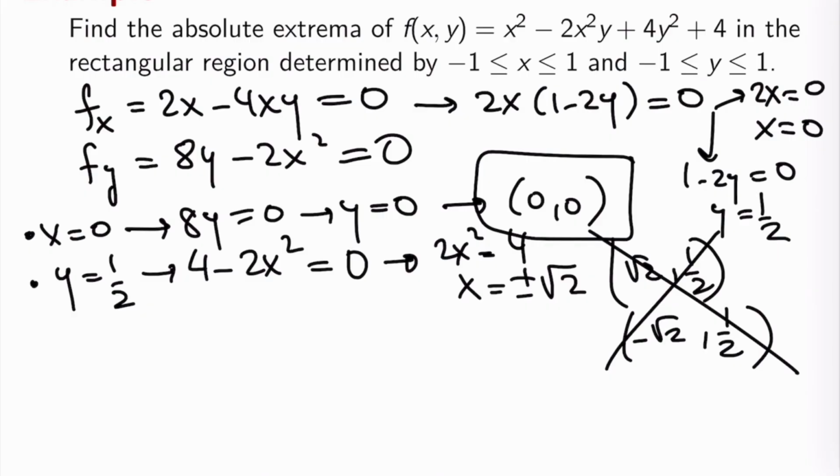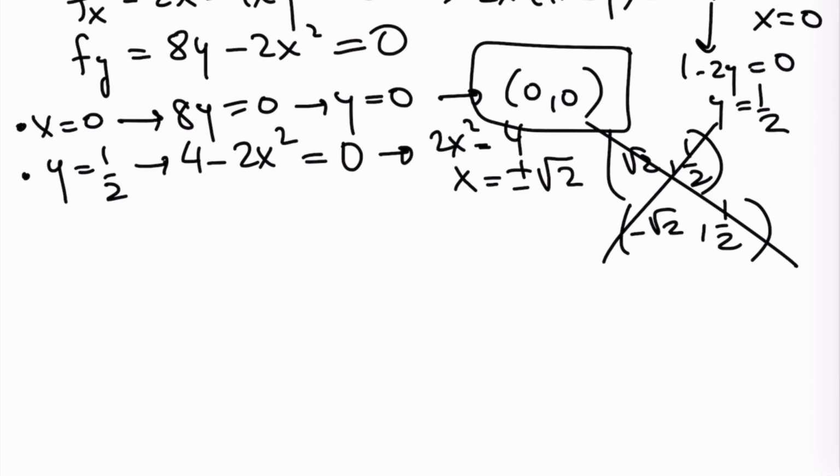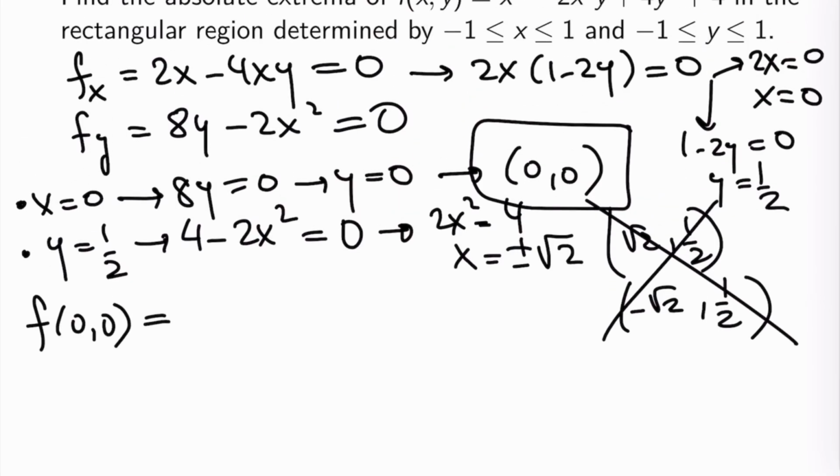So this is the first one that we are going to keep. So let's evaluate. f at (0, 0) is going to be equal to, we go to our function and calculate the value at (0, 0), is going to be 0 minus 0 plus 0 plus 4. So the value of this function is 4.